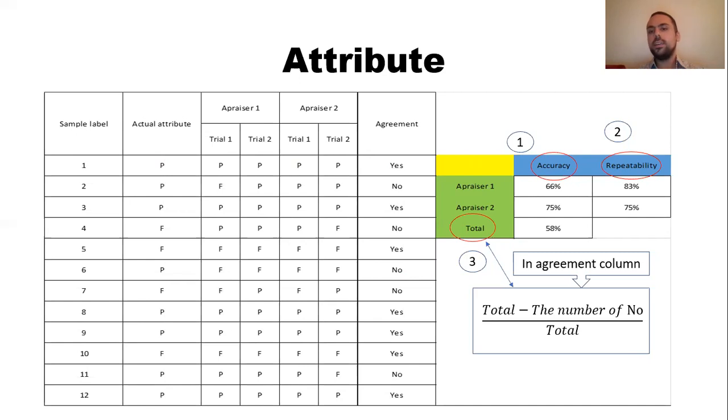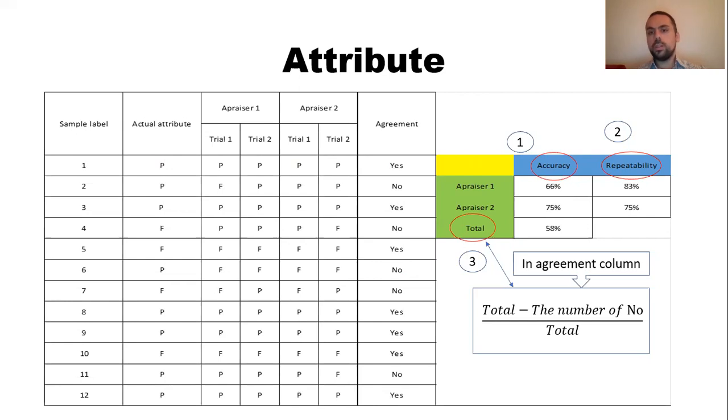But how can we calculate total accuracy? Please pay attention. If the answers of both appraisers are the same as the actual attribute, our agreement is yes, which means it's okay. But if even one of them is different, our agreement is no. It means that there is a problem in the measurement system.